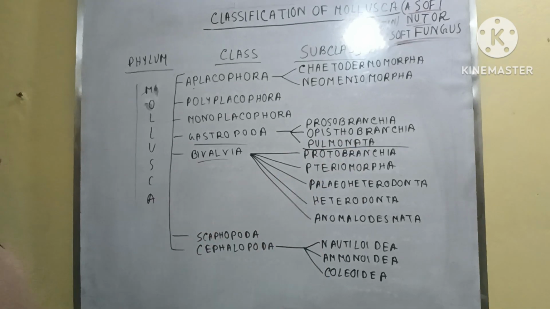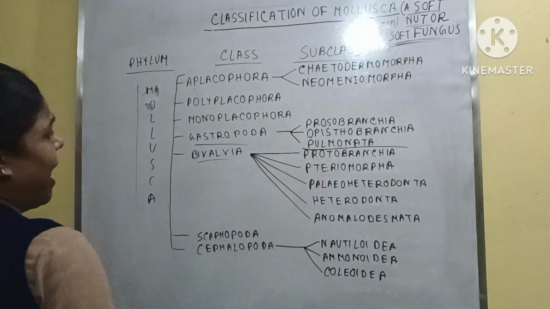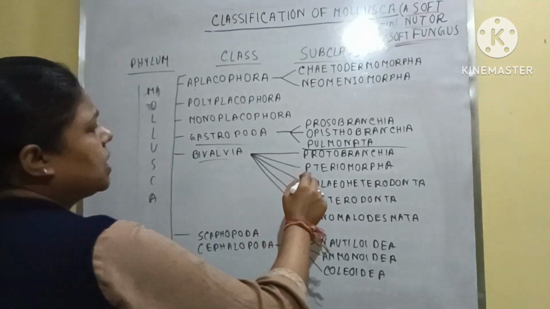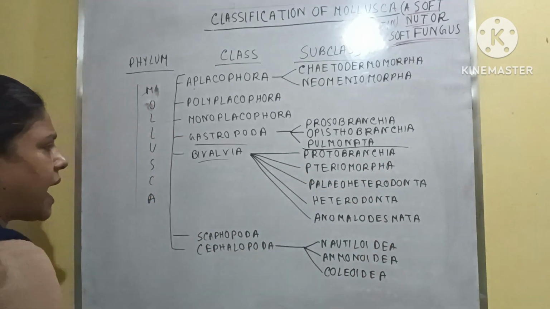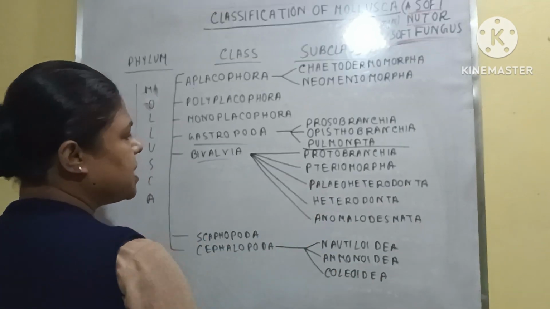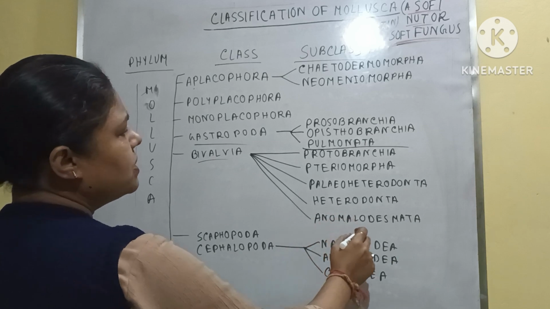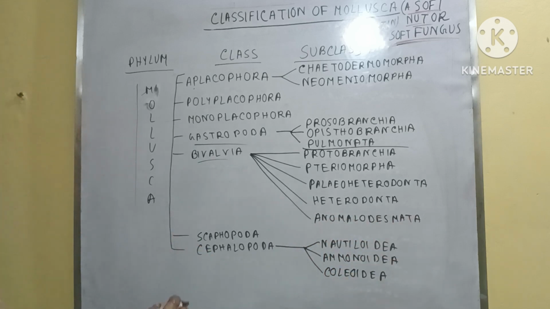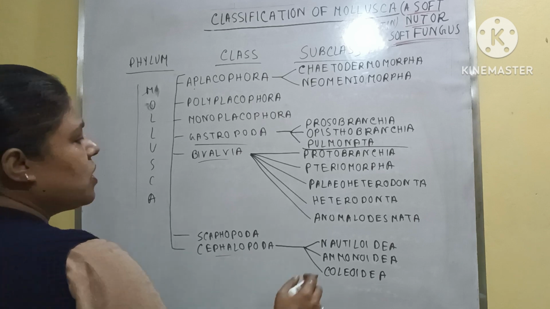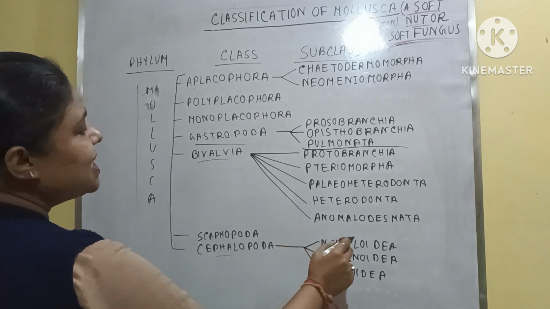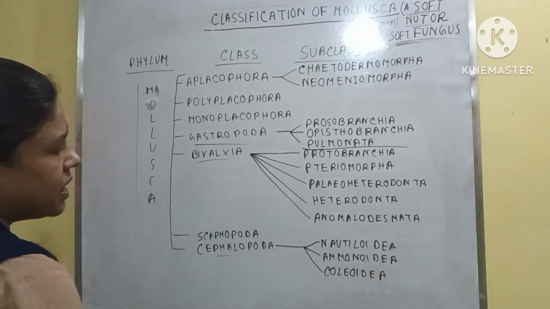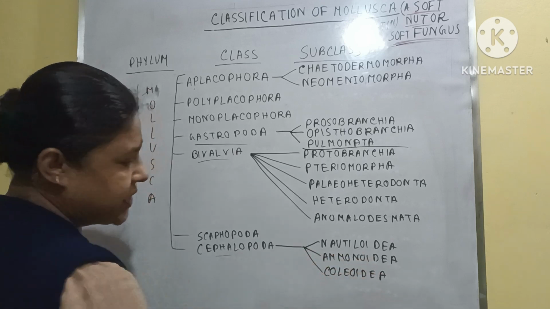And Bivalvia has five subclasses: Protobranchia, Pteriomorpha, Palaeoheterodonta, Heterodonta, Anomalodesmata. Clear? And in the case of the Cephalopoda, there are three subclasses. One is the Nautiloidea, next Ammonoidea, and Coleoidea.